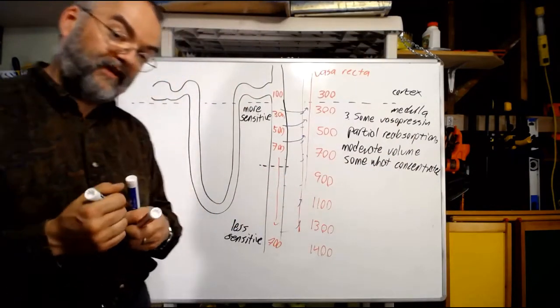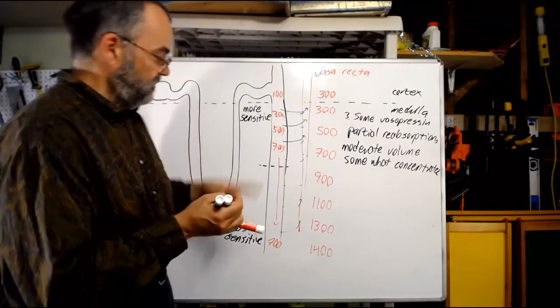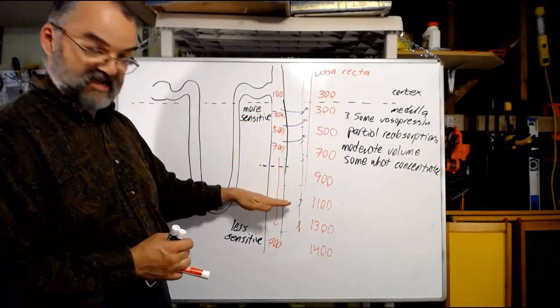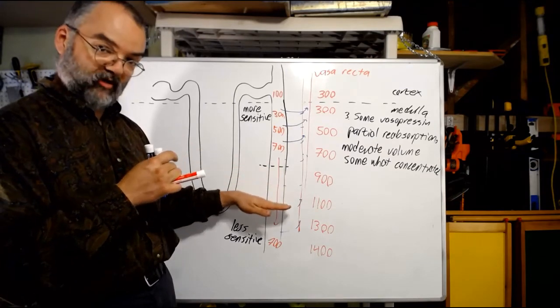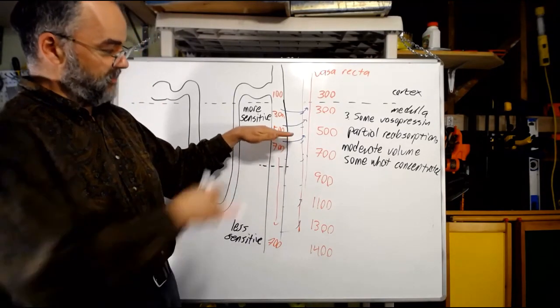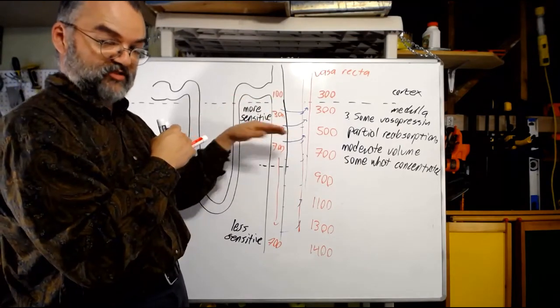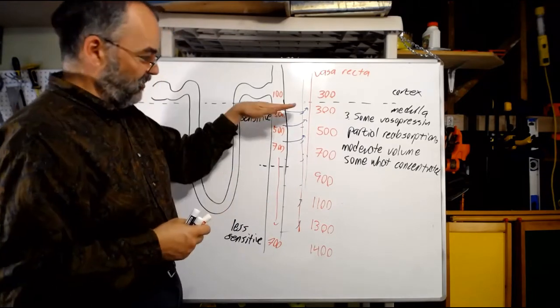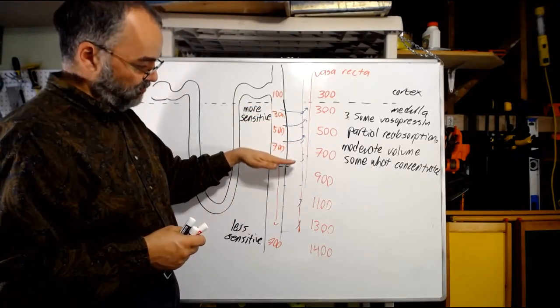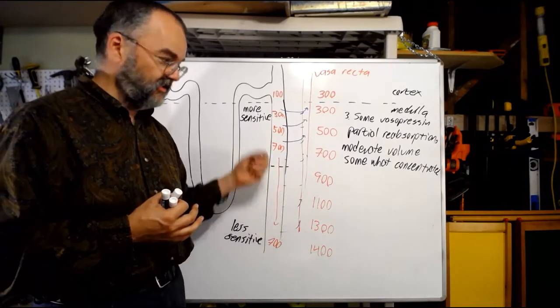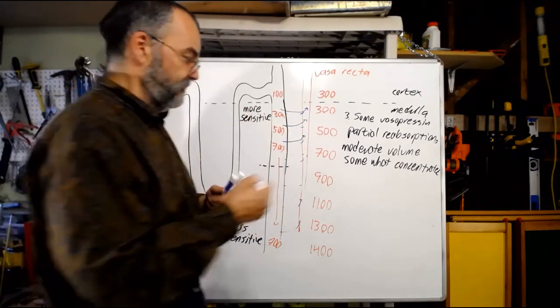The more vasopressin I make, the more of these cells will respond. In other words, that line will go down and my urine will become more and more concentrated. The less vasopressin I make, the more this only affects the most sensitive cells, and I'll produce more dilute urine. So vasopressin is like a dial, making us bring the area that I can reabsorb water further and further down the collecting duct so that I reabsorb more water.